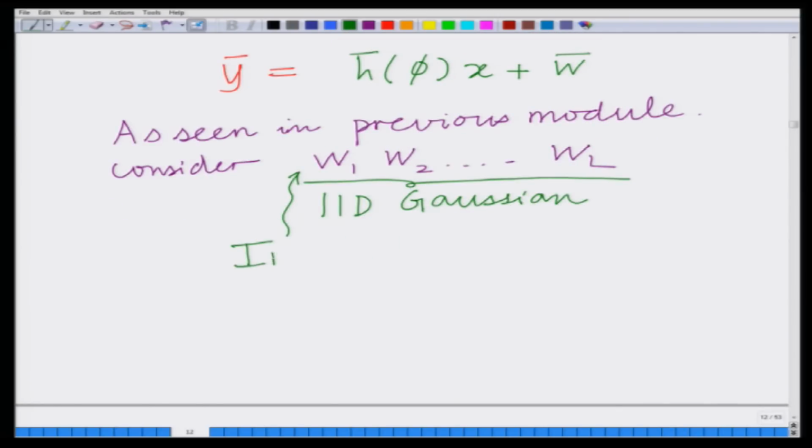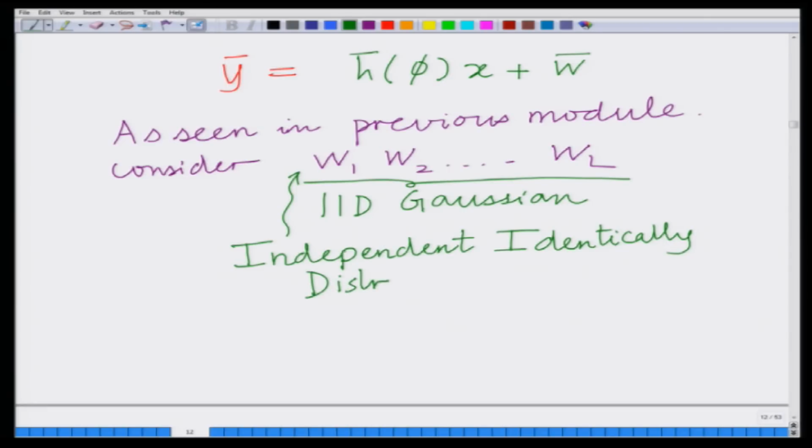That is independent identically distributed Gaussian with 0 mean, that is each noise sample Wi has mean equal to 0.